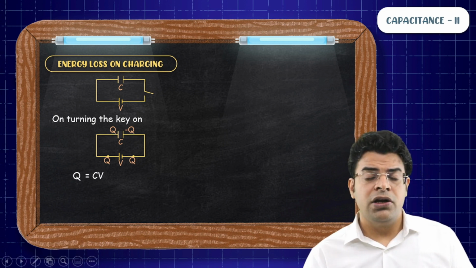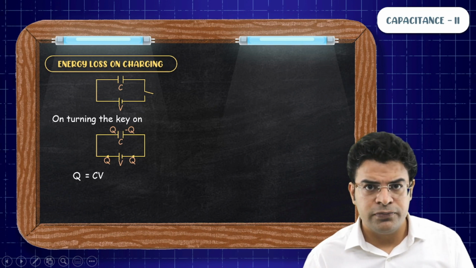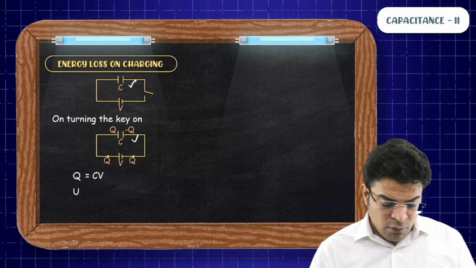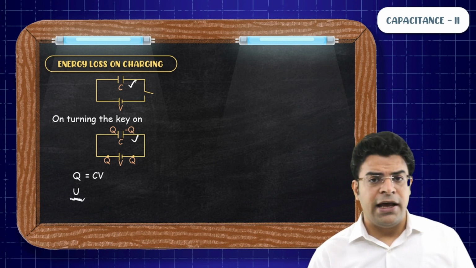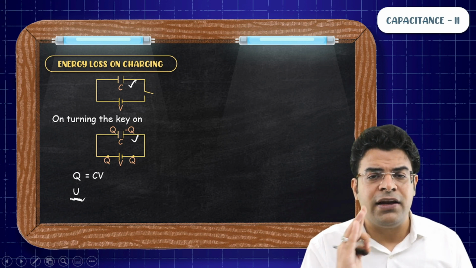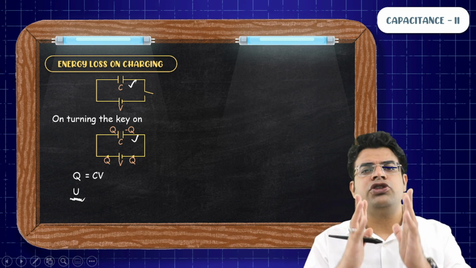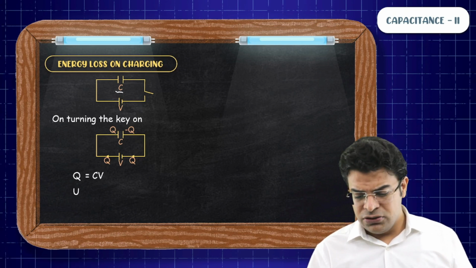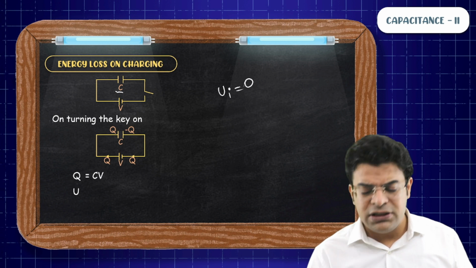Now here I am going to ask you two questions. When you charge a capacitor, what is the change in internal energy? What is the change in the energy stored in the form of electric field between the plates of the capacitor? So you will say, sir, initially there is no charge. So the initial energy stored is 0.